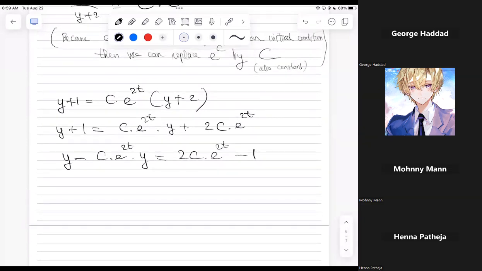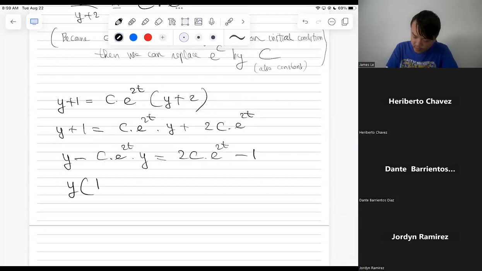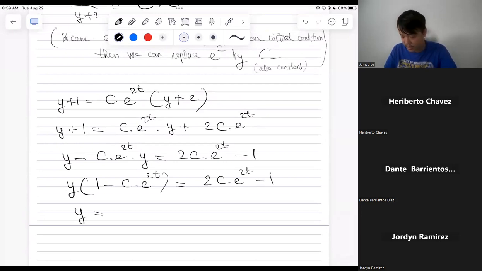Okay, so I factor out y. I have 1 minus c e to the t, and on the other side I have 2c e to the t minus 1. Then I can divide both sides by 1 minus c e to the t.